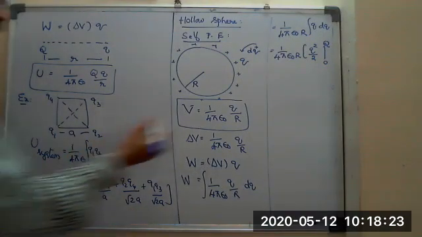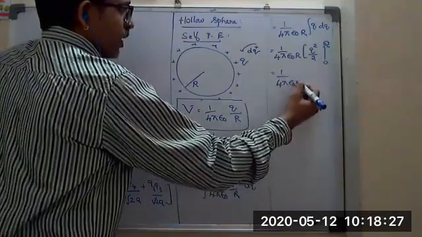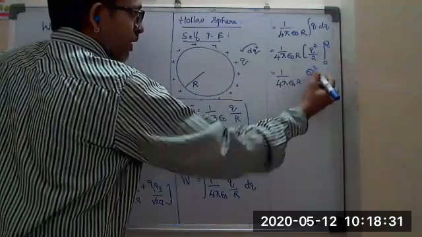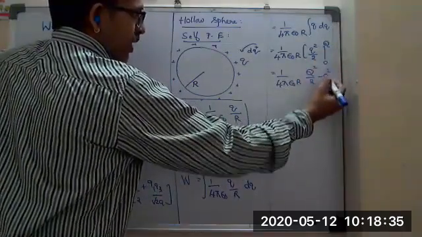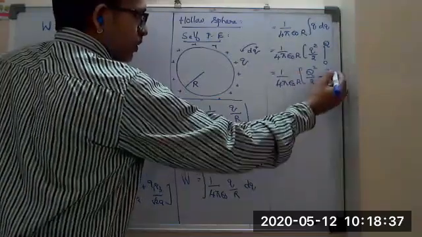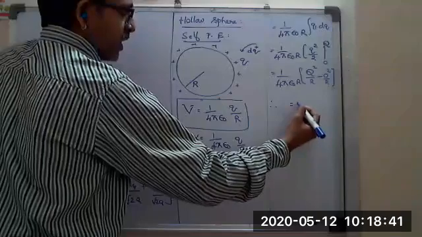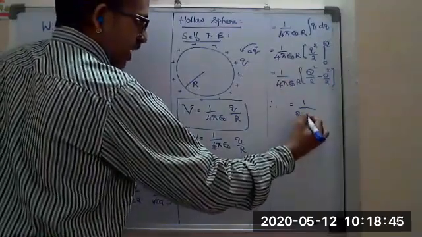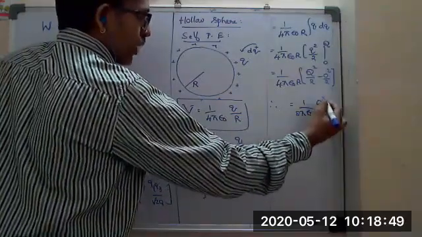Therefore, here you are getting 1 by 4 pi epsilon naught r into the upper limit Q square by 2. Lower limit, no need to substitute, because it is 0. Therefore, the work done is 1 by 2 fours are 8, 8 pi epsilon naught r into Q square.